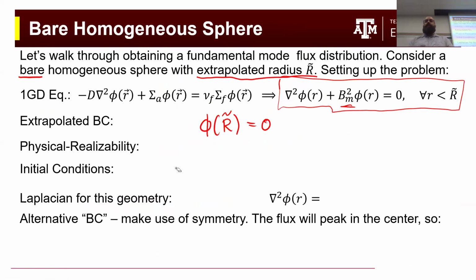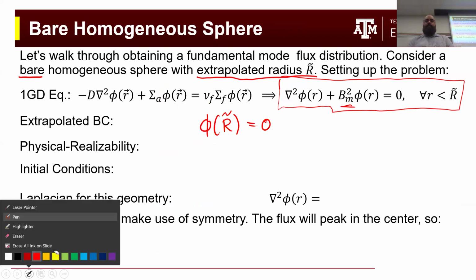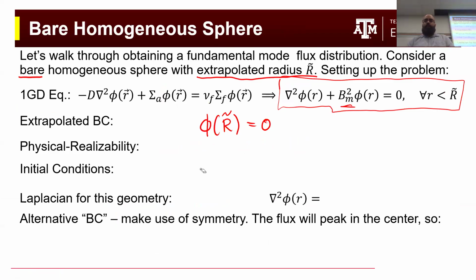In terms of the physical realizability conditions, we basically just have to make sure that our scalar flux is bounded between 0 and infinity. It can be equal to 0, but it cannot be equal to infinity.